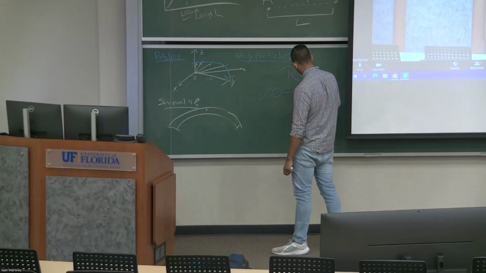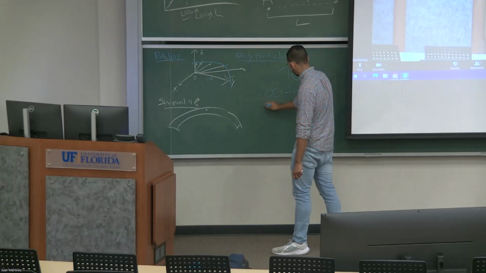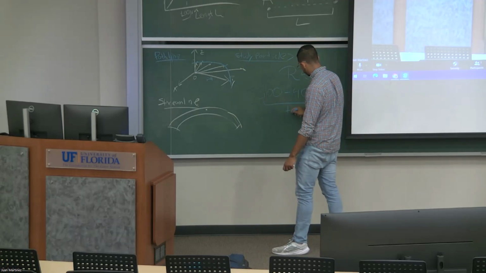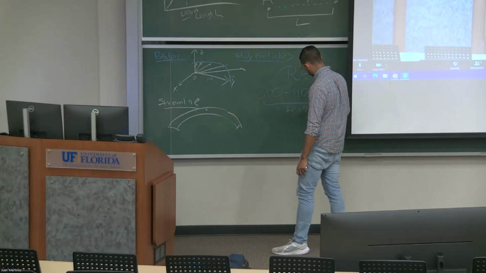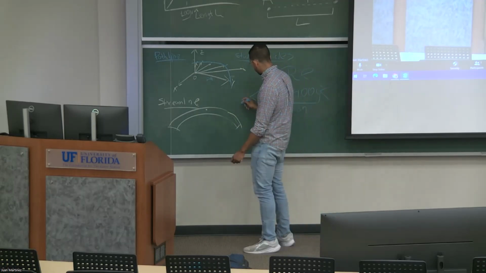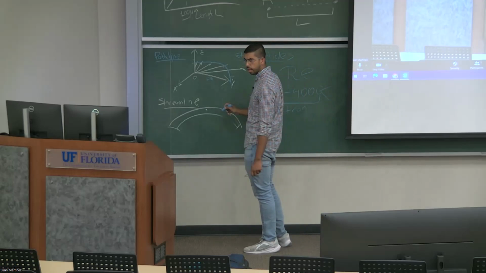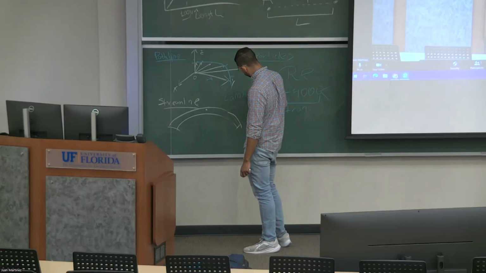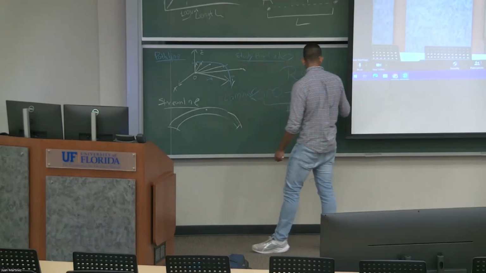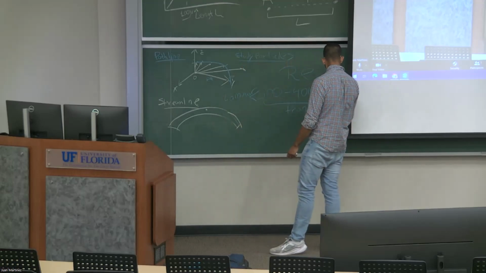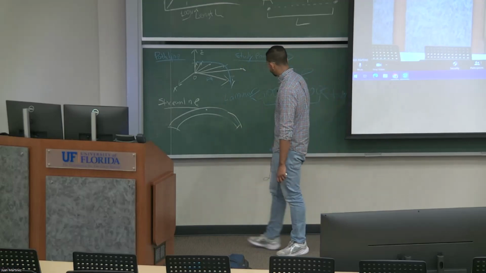For 4,000, this is transition. Then less than that is laminar flow. Then this is turbulence. All right, great.